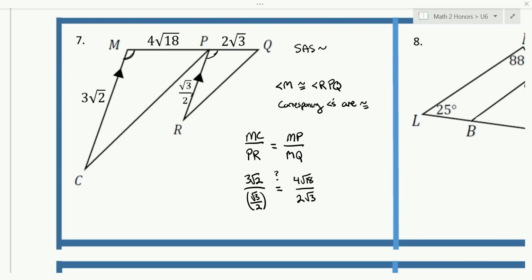Okay, and so we'll try that out. So cross multiplication, we'd say, well, is 4 root 18 times root 3 over 2, is that equal? I'll put a little question mark because we don't know yet. Is that equal to 2 root 3 times 3 root 2?